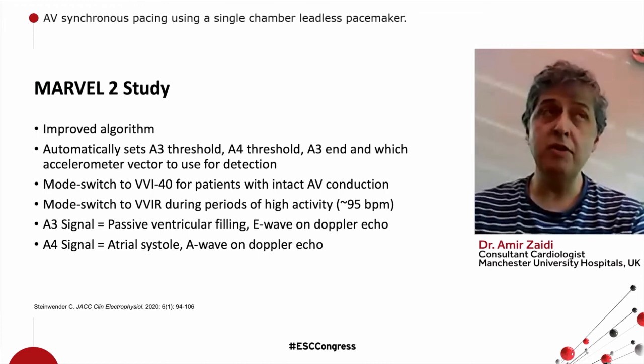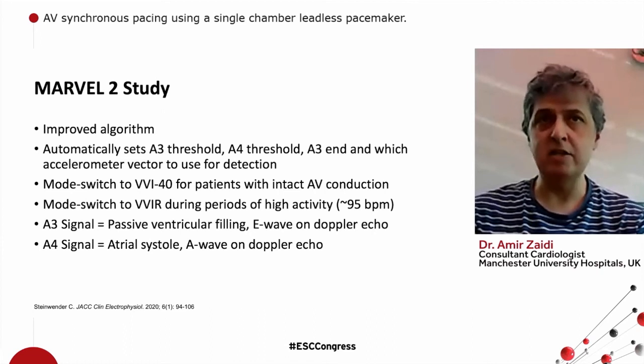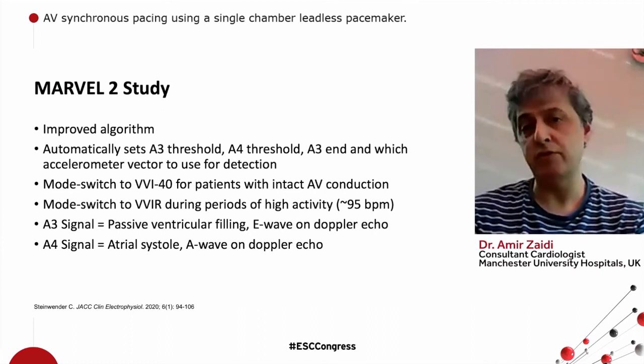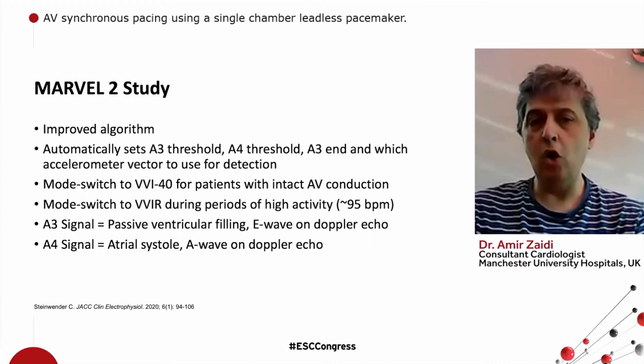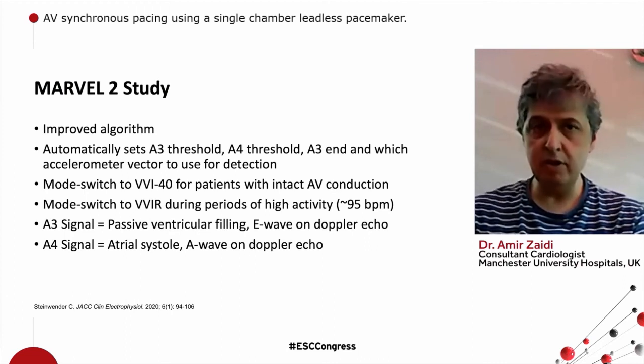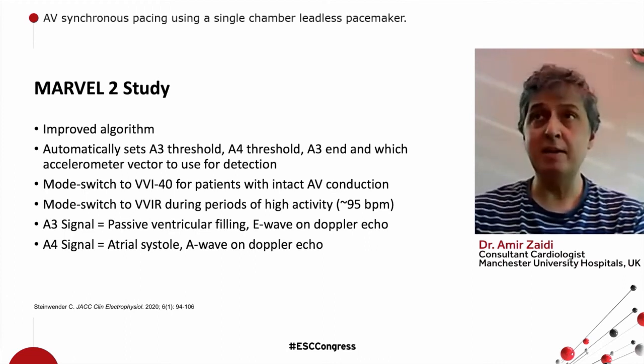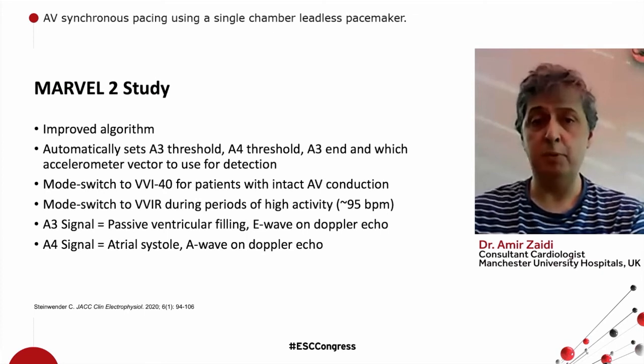And one of the things I think that we all recognize is that when the heart rate goes above 95 or 100, it's not the presence of AV synchrony that's important, it's really providing appropriate rate support.